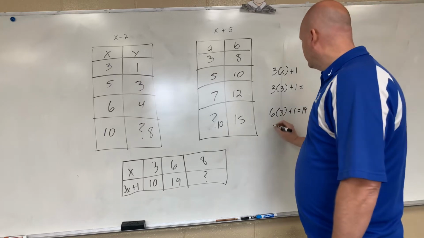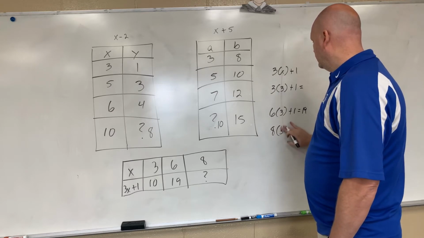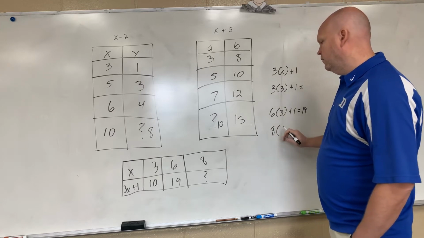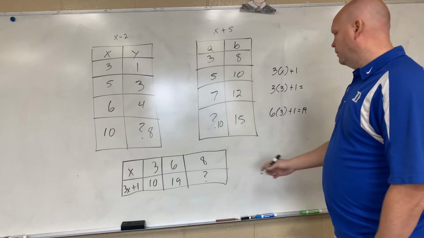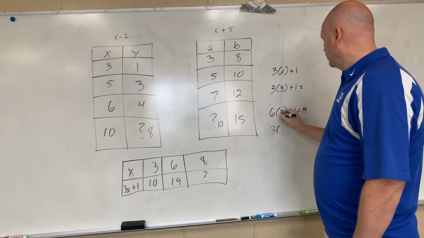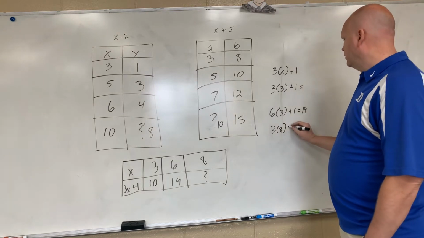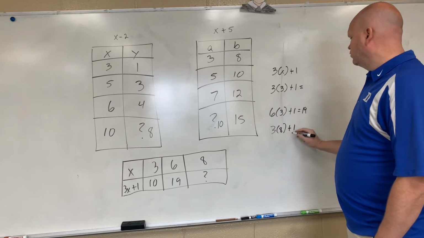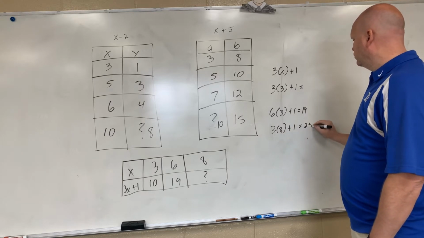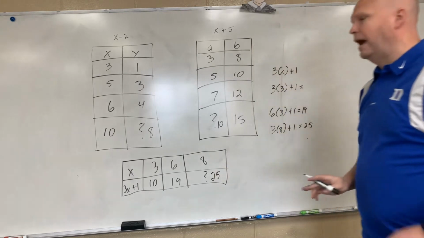And for the last one, I'm trying to figure out what this is, so I did the one backwards here, so it threw me off. 3 times 8 plus 1, so 3 times 8 is 24 plus 1 is 25. And so I'm able to solve all of those, the input and the output.